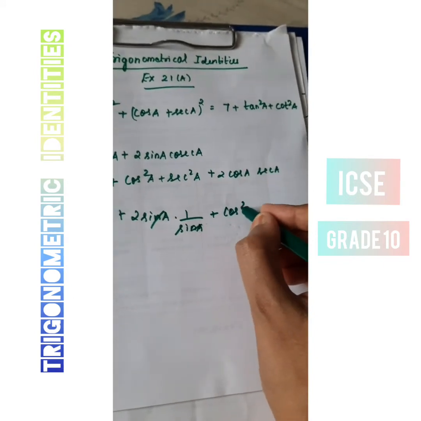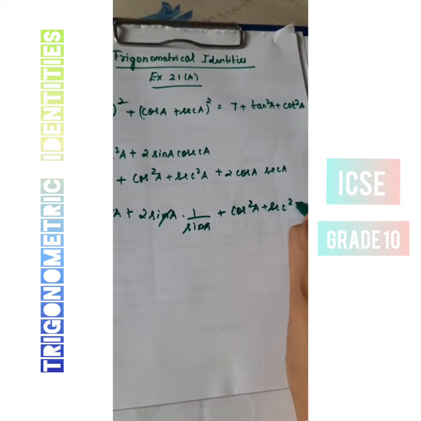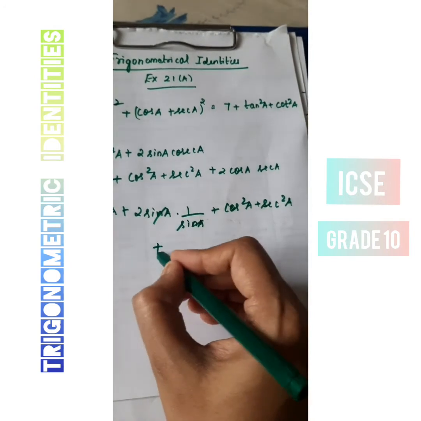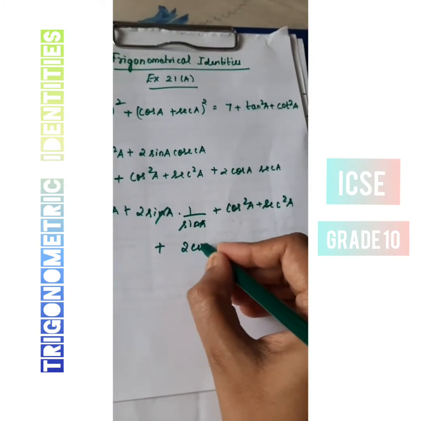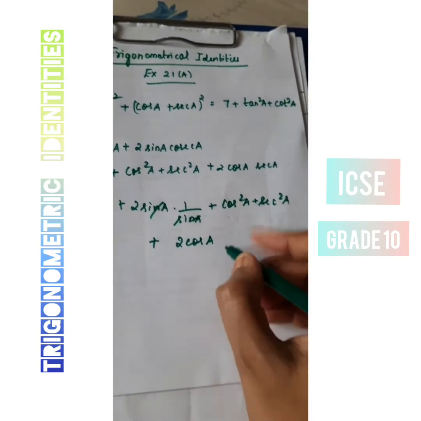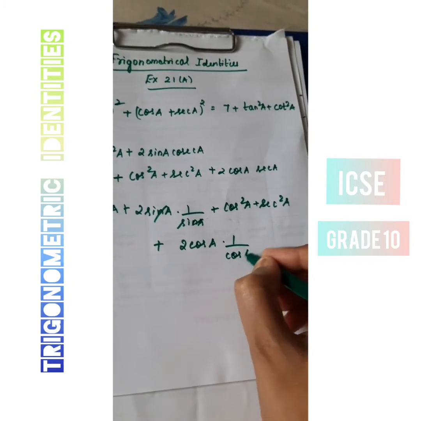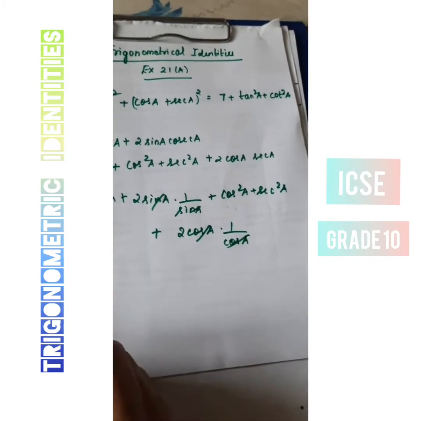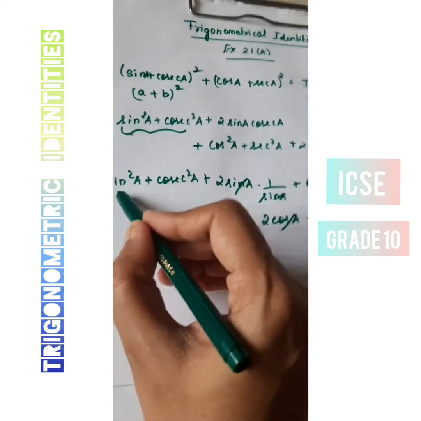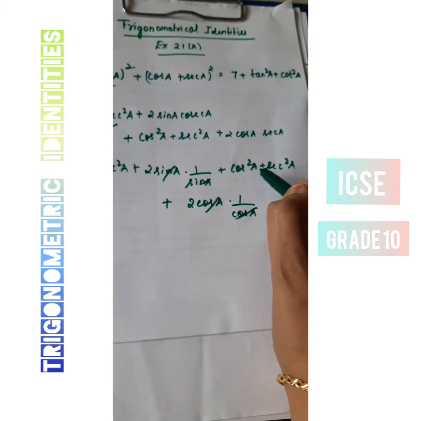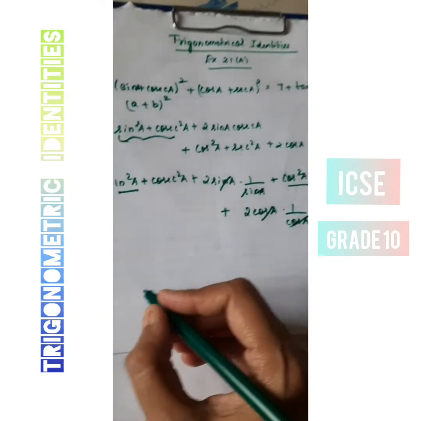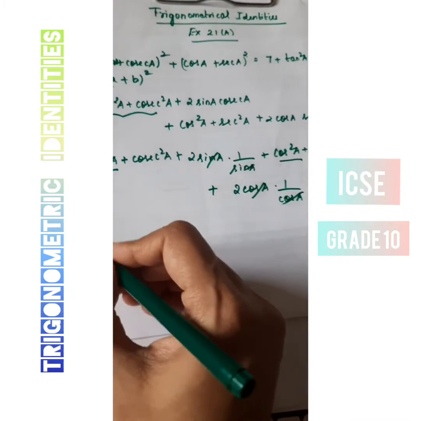Then cos square a plus secant square a plus 2 cos a, and secant a is again the reciprocal of cos, so it's 1 by cos a, and the 2 cos will go off. Now we know that sine square plus cos square a is 1. So this is one of the Pythagorean identities.